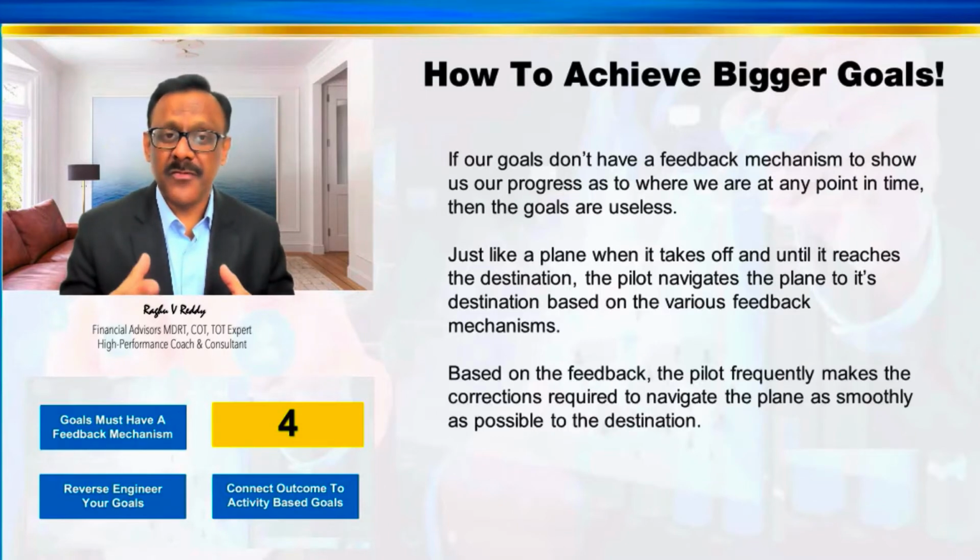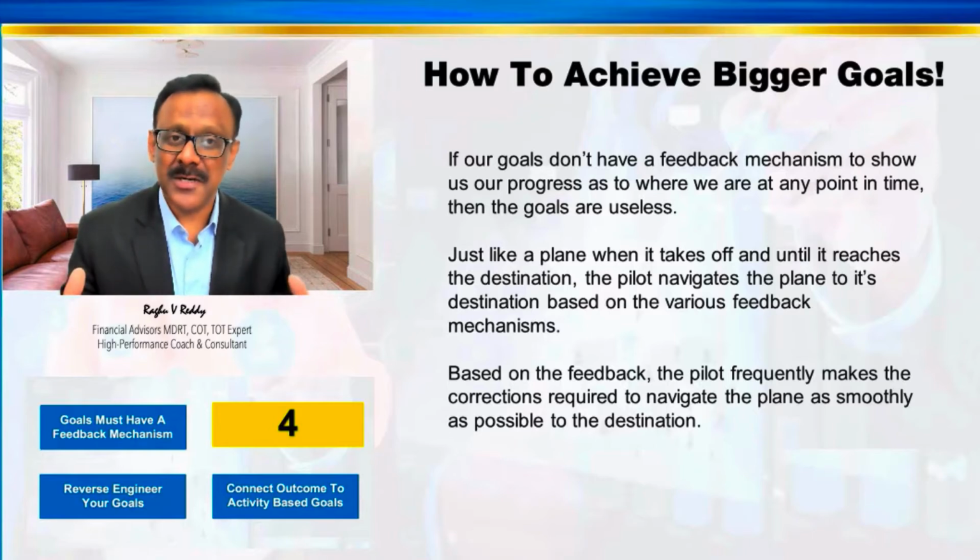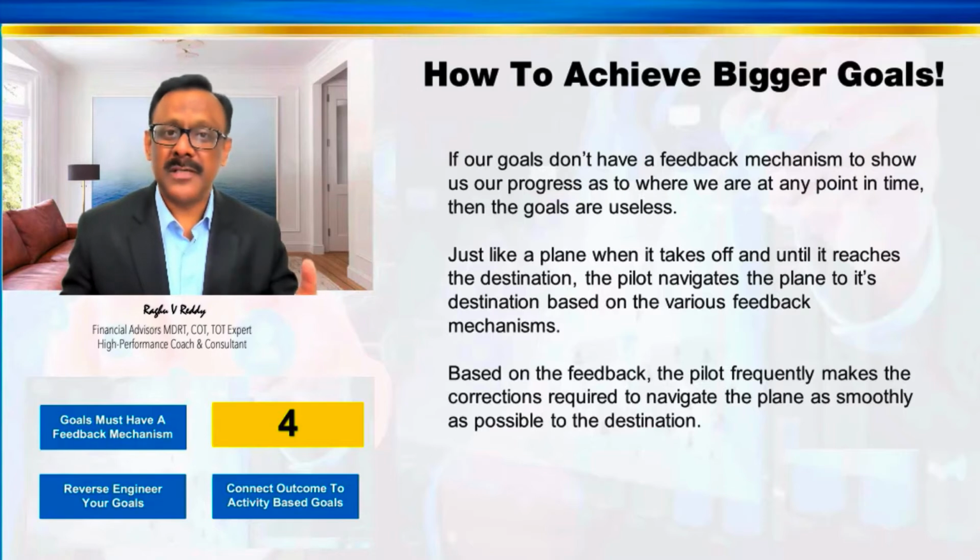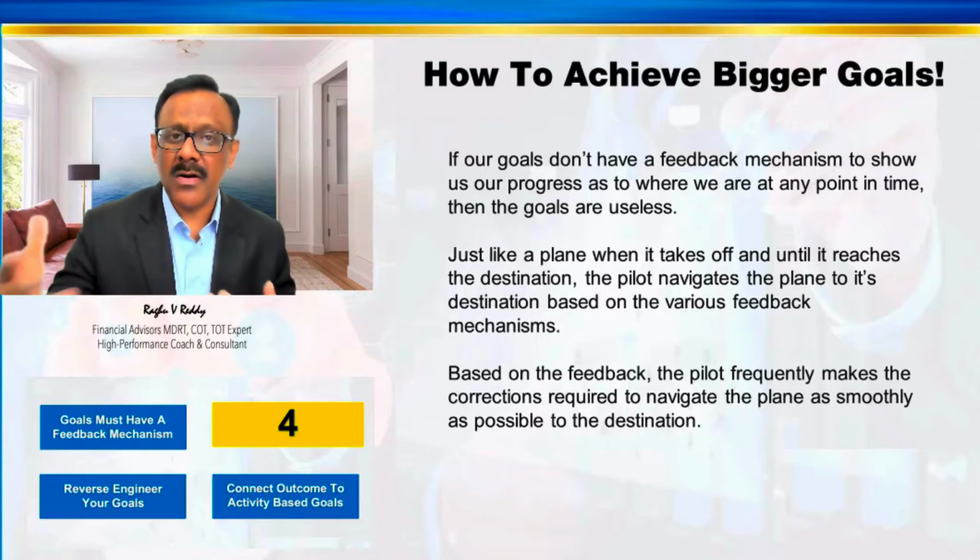So based on the feedback, the pilot frequently makes the corrections required to navigate the plane as smoothly as possible to the destination. And similarly, we must have a feedback mechanism based on our activity goals that we have set. And when we take action, it's important to track the progress.